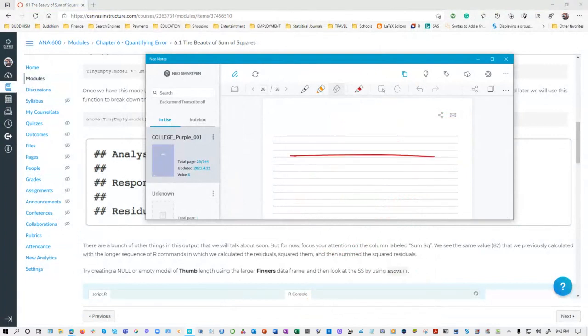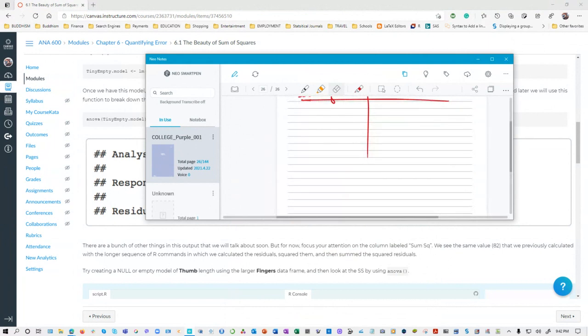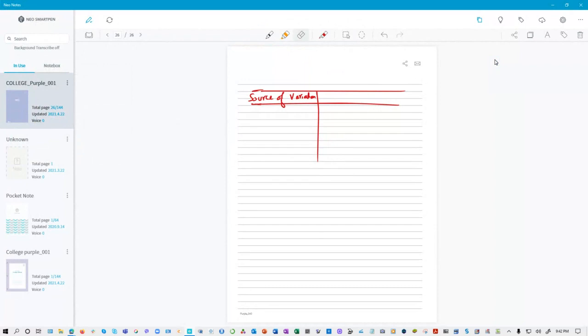You're going to say that this is the source, another way, source of variation. And then I put the degrees of freedom. Then I put the SS, sum of squares. Textbooks use only SS, but SS stands for sum of squares.